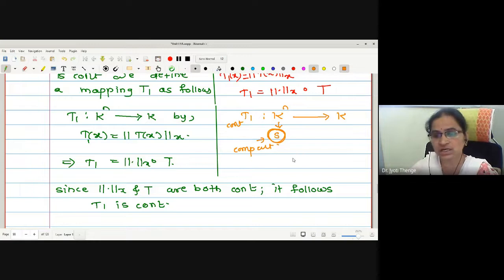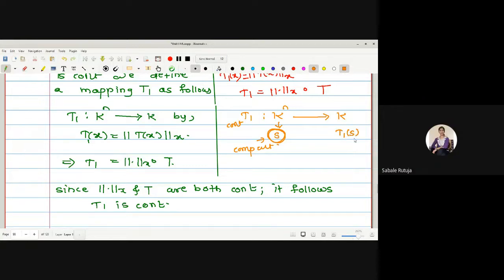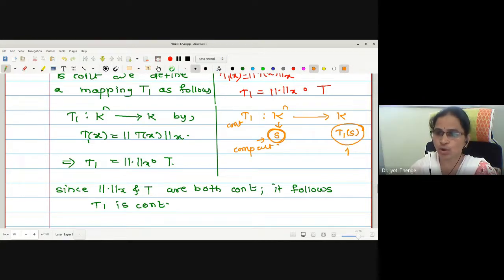Then what is the T1 image of S? Knowing T1 is continuous and S is compact, the T1 image is also compact. Compact means it is closed and totally bounded. Once I get that this is closed and totally bounded, I will define the set T1 of S. Knowing it is bounded, we can have the infimum of the corresponding set.